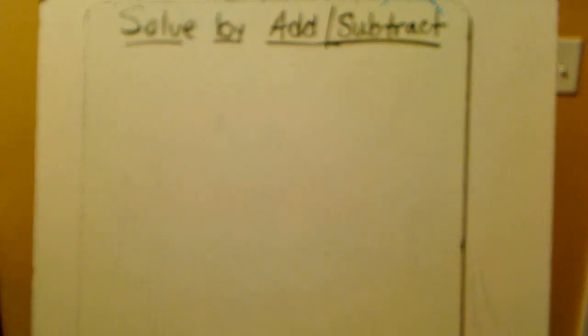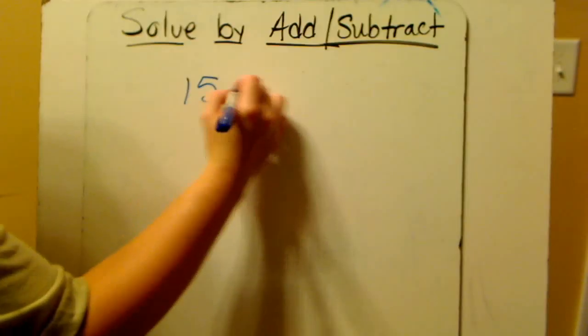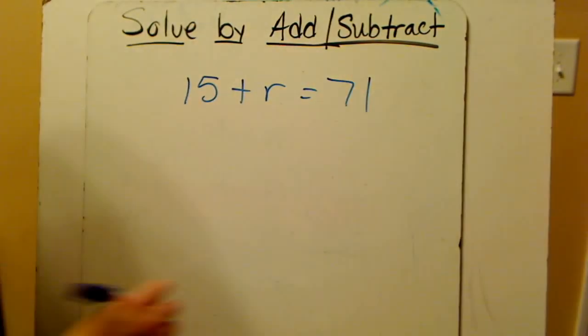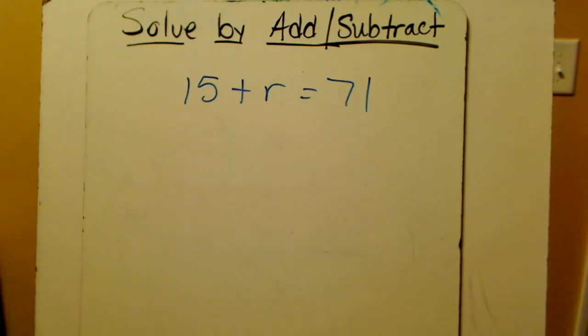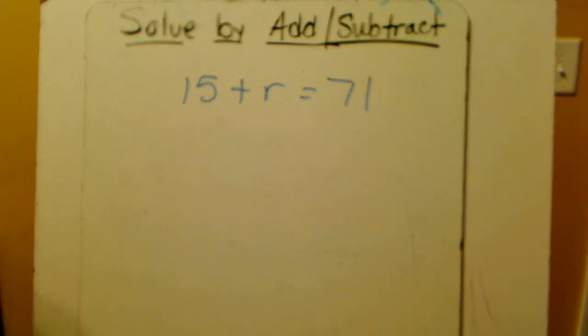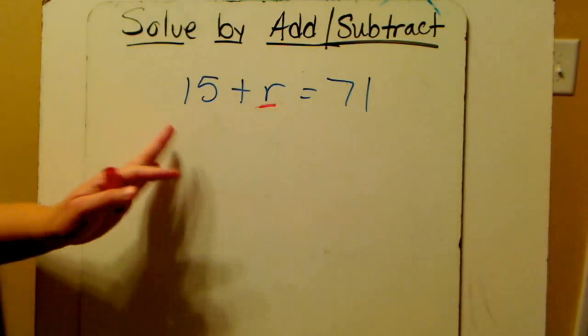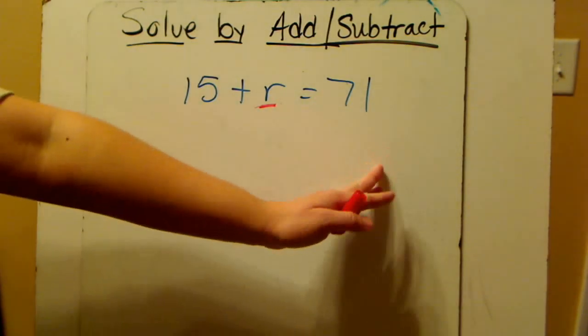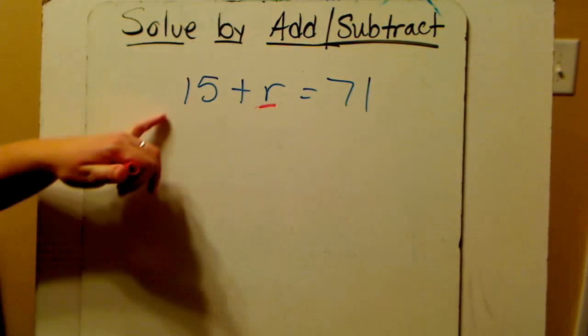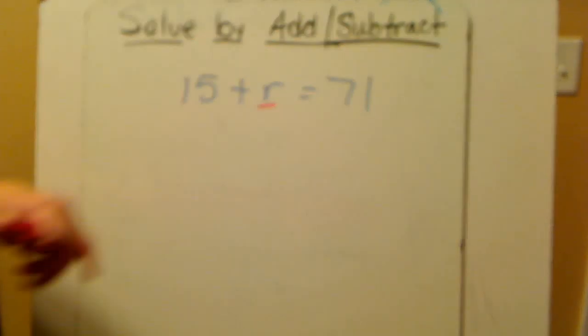So for this one, your equation is 15 plus r equals 71. And again, to solve this, I want to make sure my variable is by itself. So I've underlined my variable to make sure I know that's what I'm looking for. Everything else on this side with the variable needs to be moved over to the opposite side. 15 here is positive, so to get rid of the positive, we want to subtract.